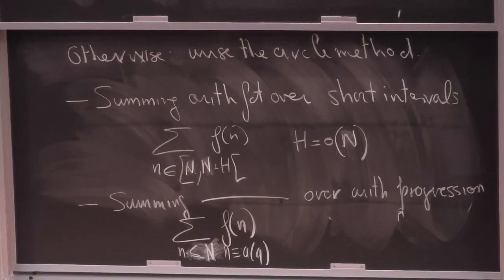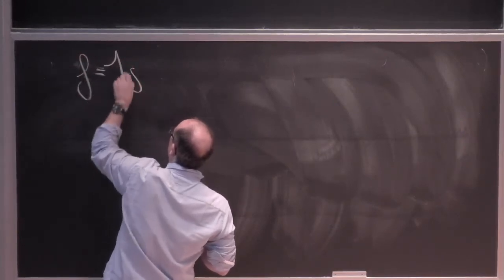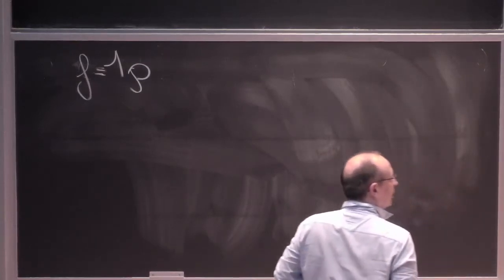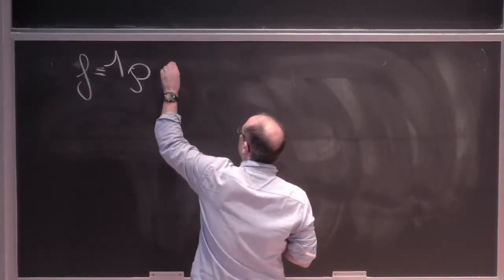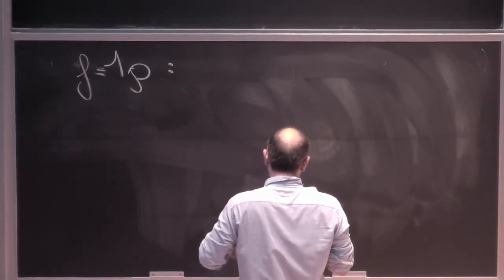For instance, let me recall what we know in the case of prime numbers. So if f, say, is the characteristic function of primes, we can evaluate such sums, but not by much.